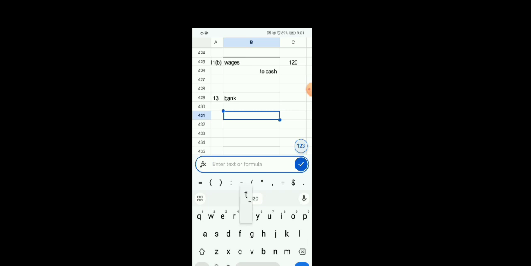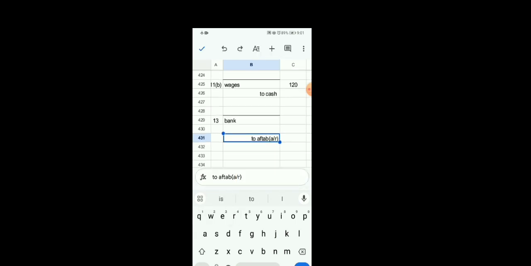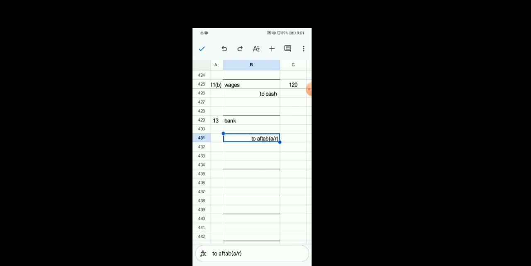Decrease in asset should be mentioned on the credit side. So the name of Aftab we mention on the credit side, though he was your account receivable. What word am I using? Was. Account receivable or asset. Asset should be mentioned on the debit side, but as we have received the amount, he is no more an account receivable, no more an asset, a decrease in asset. That is why we are crediting his name.